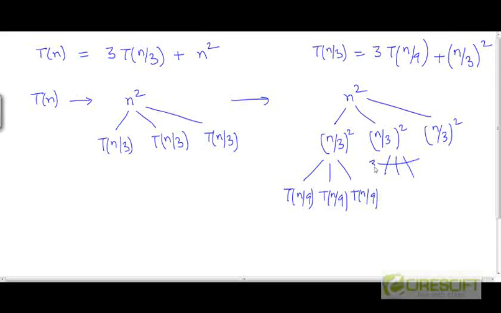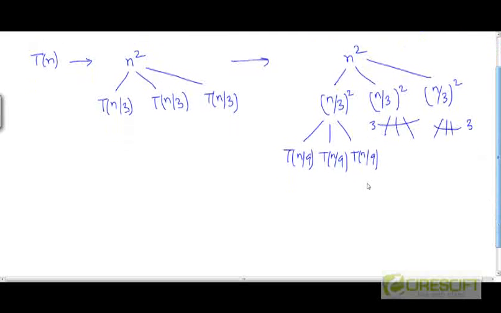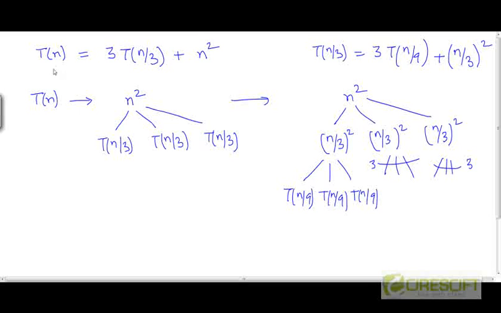So there will be 3 children here and 3 children here. Again, all the nodes at a particular level have the same value or cost on them. T of n by 9 is going to be 3 times T of n by 27 plus n by 9 squared.